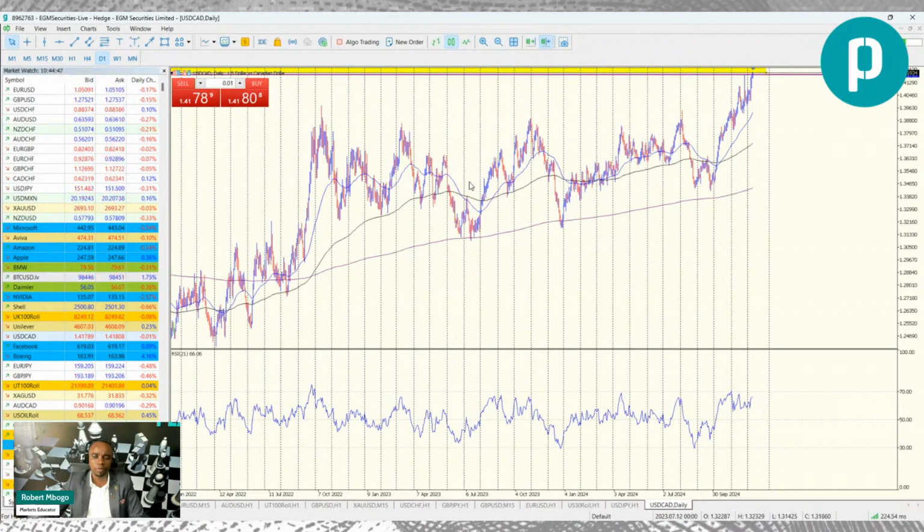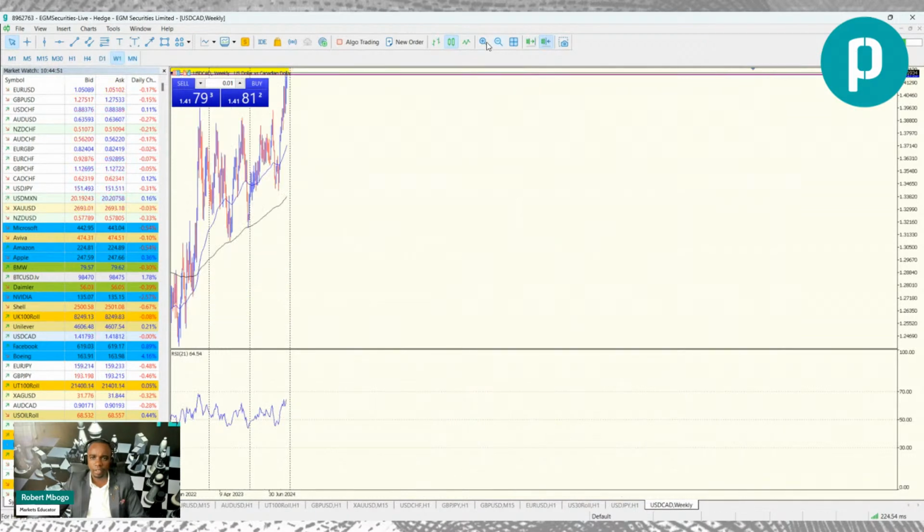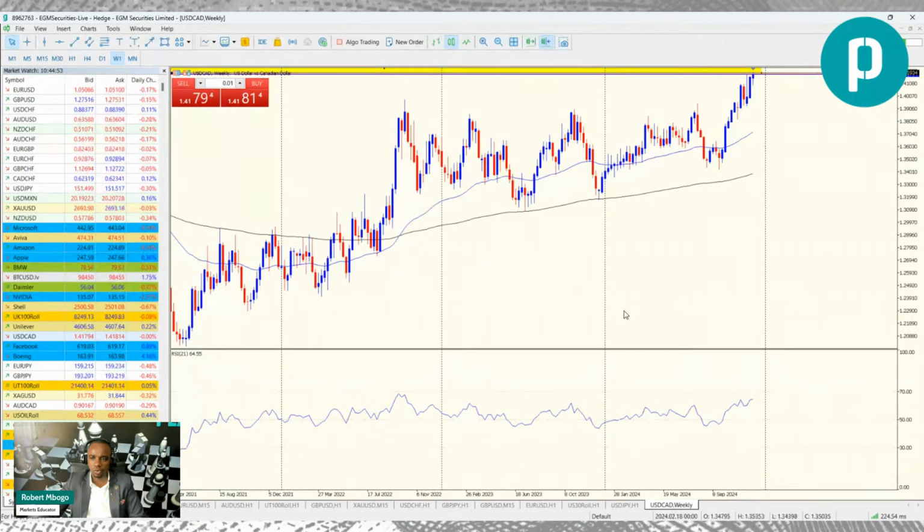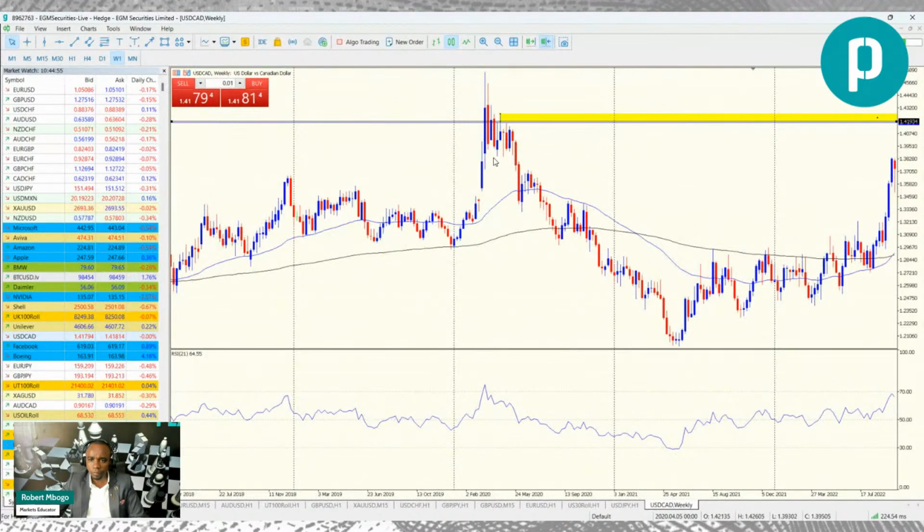The order block on the weekly is the one that has led to this area acting as an area of resistance.